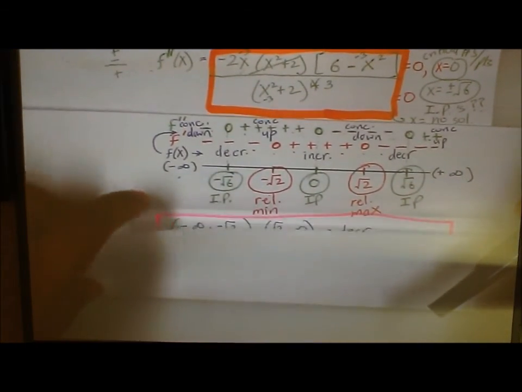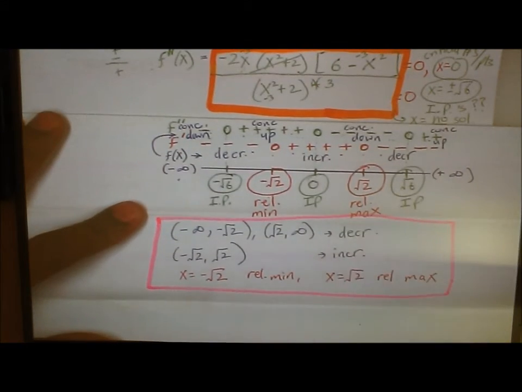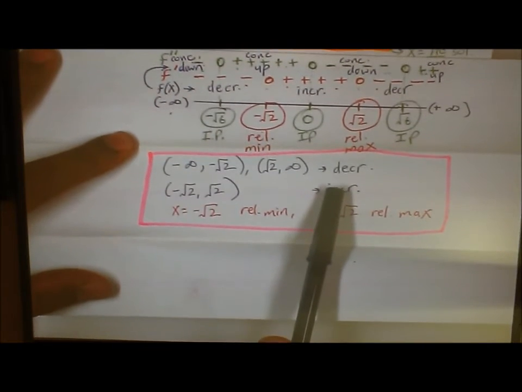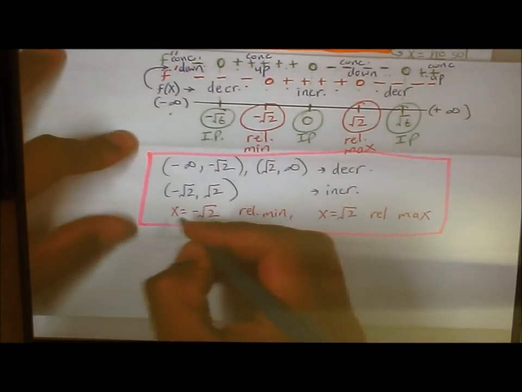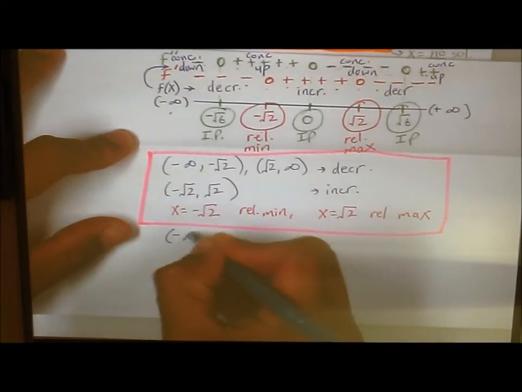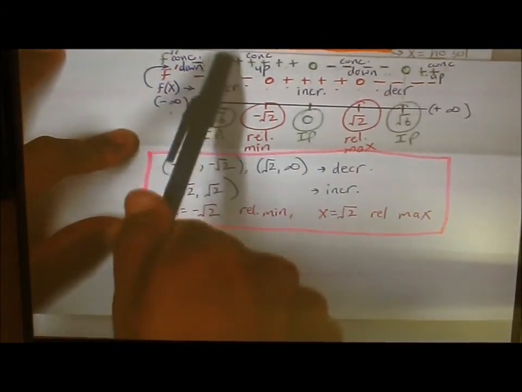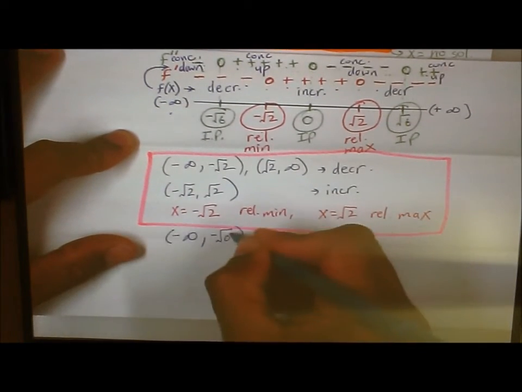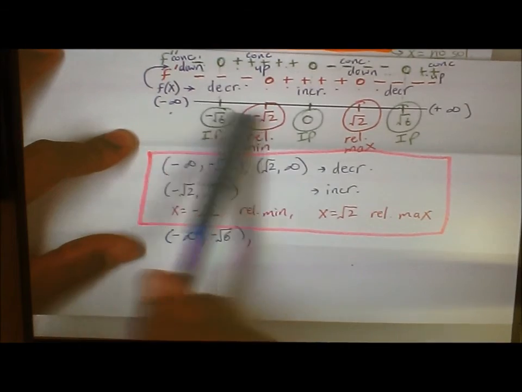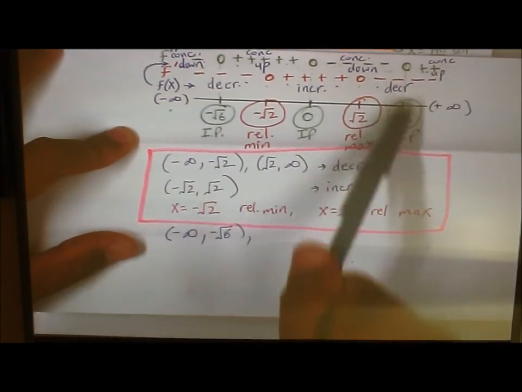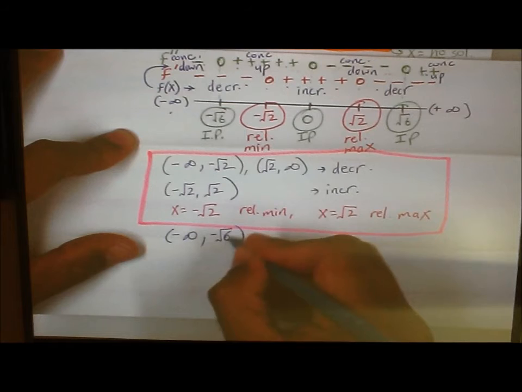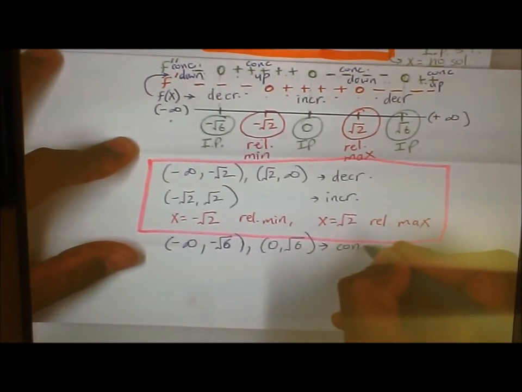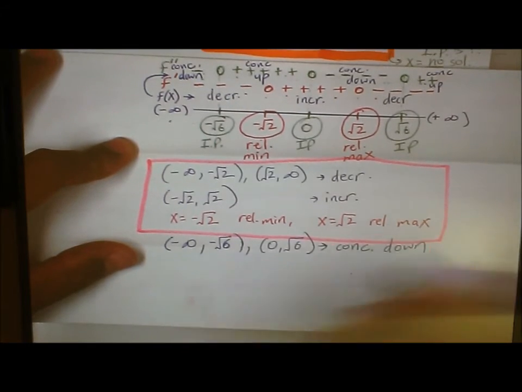using f double prime. So just a quick little review. This is what we did for f prime. See, we put everything in interval notation, and now we're going to repeat the same process with f double prime. So, for example, we're going to say that from negative infinity, up to this number, negative root 6, and from 0 up to this number, positive root 6, we have intervals where our function f is concave down.